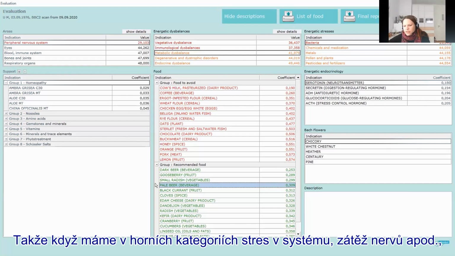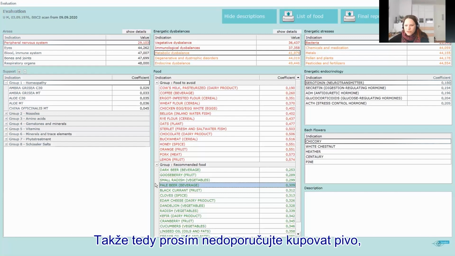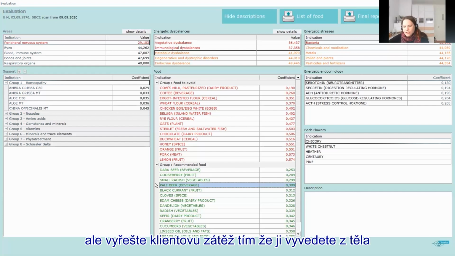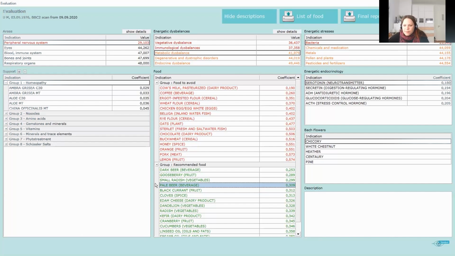So I have a stress in the system. Always when I have the stress nerve system listed in the upper categories, I really often have beer in the food list. So please don't recommend buying beer, but please treat the stress of this patient, to bring this stress out of the body, to regulate more in the stress system, so that the beer doesn't have to be listed again. So this is one important information.